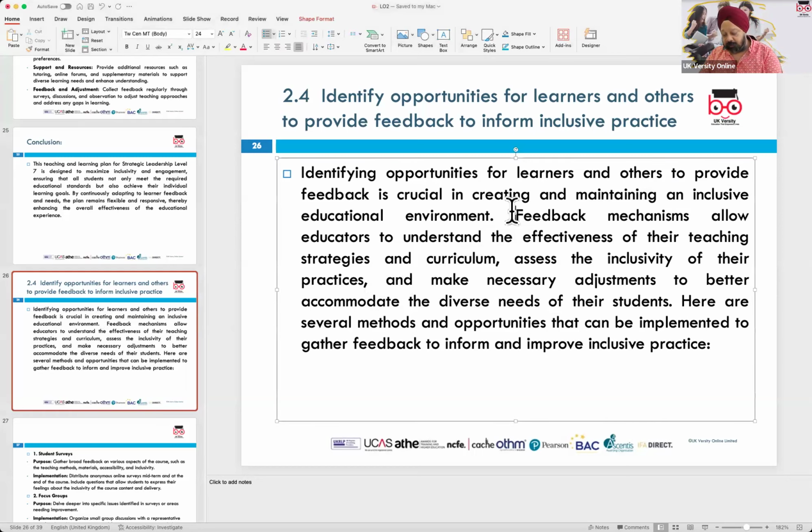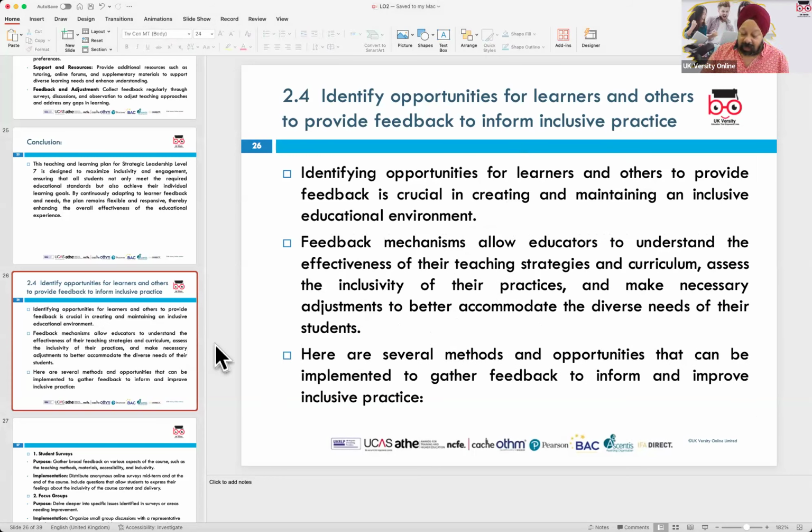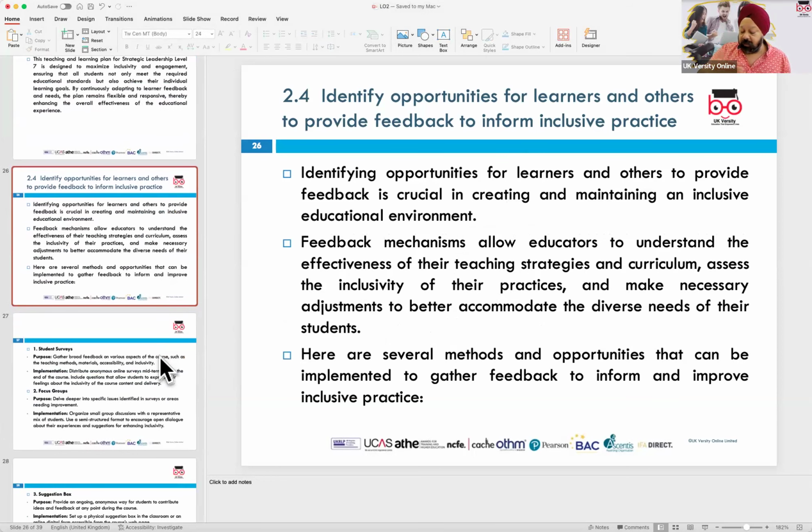In those cases, you would use it to monitor and track how this is helping the learner go through the curriculum.